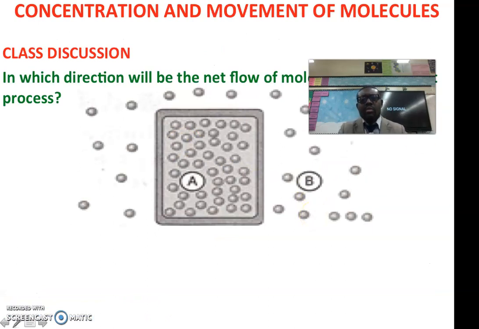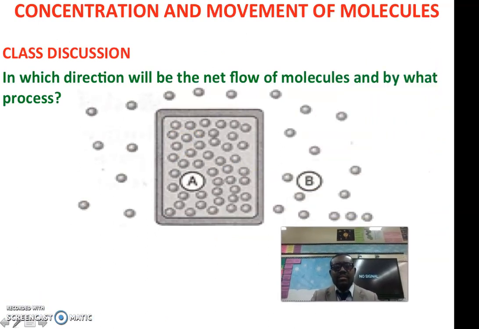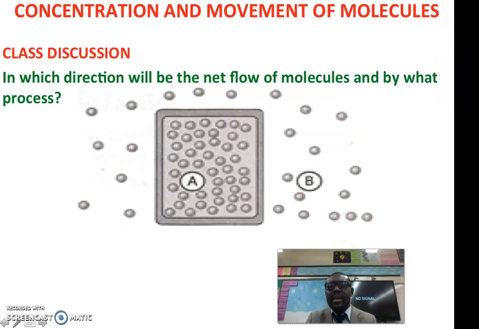Moving on, in which direction will the net flow of molecules be and by what process? If you look at the molecules, we have a higher concentration of molecules at A compared to B. So where would molecules move?